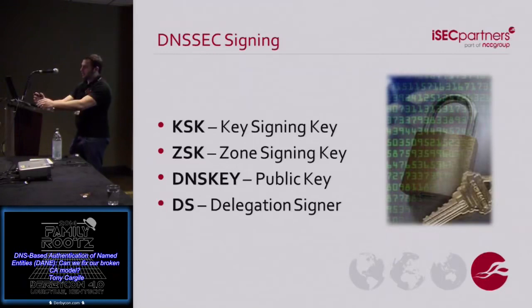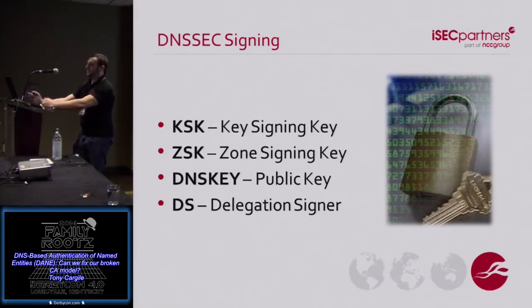The zone signing key is the one that actually signs the records. You use this private key to sign and hash all of the records in your zone. Then you have your key signing key, which signs your zone signing key.